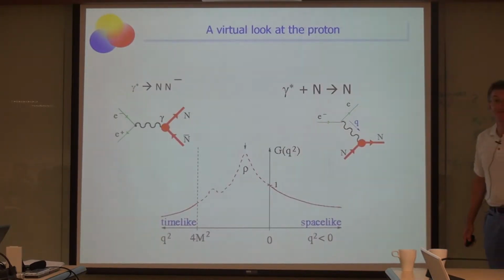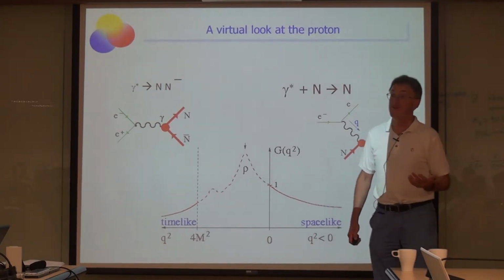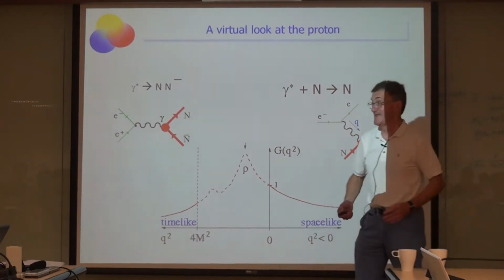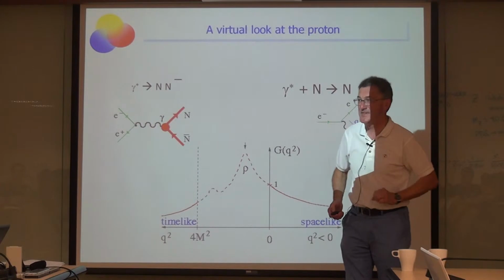Okay, you can go on. Not a real loop with photons, but a virtual loop. And then your photon could be a virtual photon, which could either be time-like, produced in e+ e-, or space-like, being exchanged in scattering an electron off the nucleon. Don't feel embarrassed if you need to look at this this afternoon, I will not do it on the blackboard, that would take too much time.